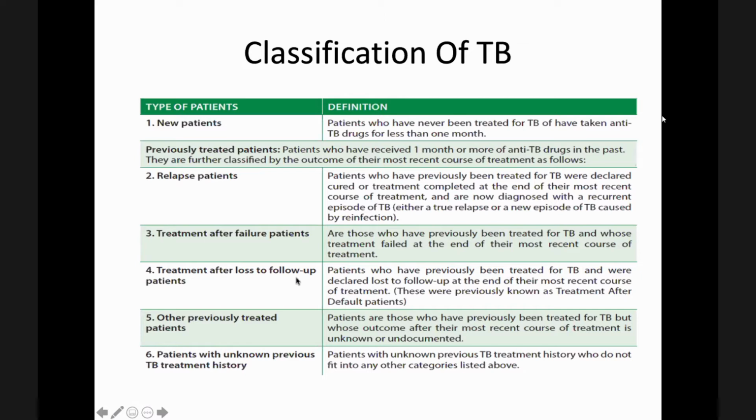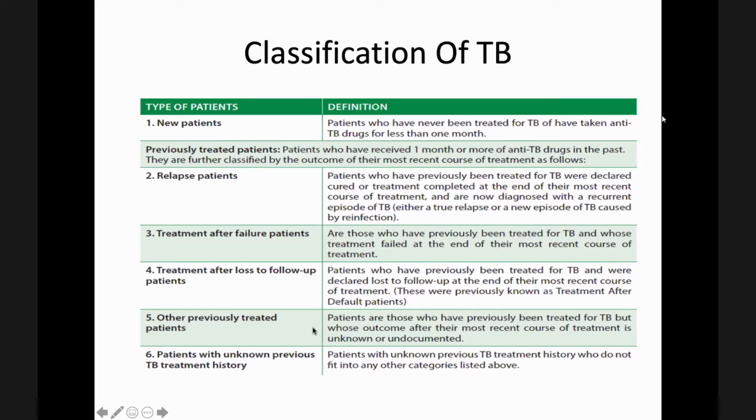Treatment after loss to follow-up means patients who have previously been treated for TB and were declared lost to follow-up at the end of their most recent course of treatment, previously known as treatment after default. Other previously treated patients are those who have previously been treated for TB but whose outcome after their most recent course of treatment is unknown.